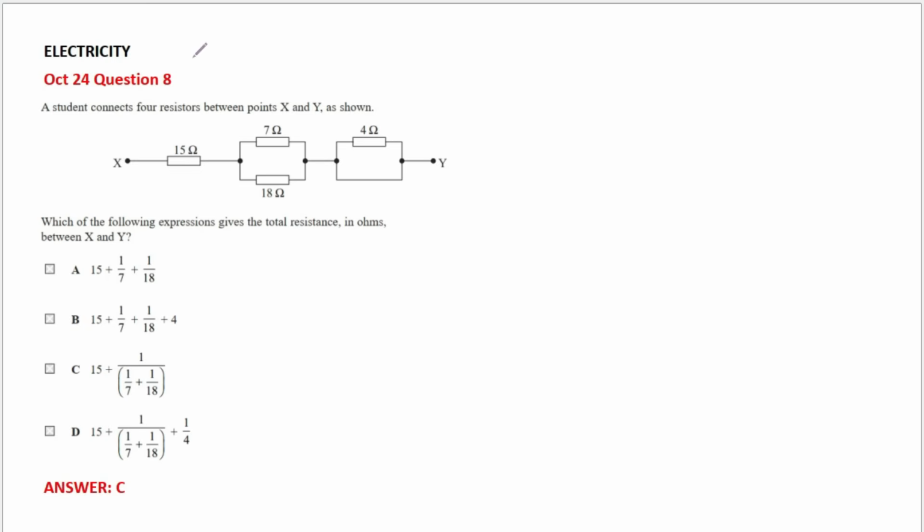What's going on here is the moment a current flows through the circuit, let's say it starts from X, right? And it starts flowing in this direction, gets split and flows through 7 and 18, comes at this junction, but this is where current makes up its mind. Current says that it can complete the circuit without any impediment.